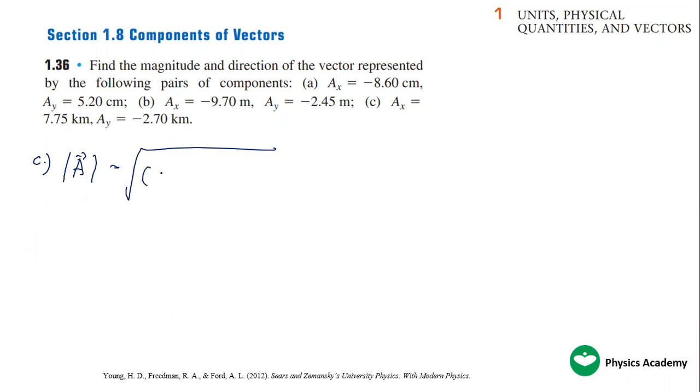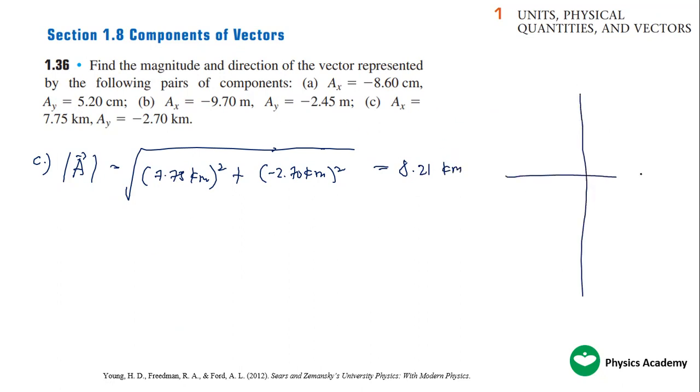So you have AX is 7.75 kilometers squared plus negative 2.7 kilometers squared. Be careful with the unit. Square root of 7.75 squared plus 2.7 squared is 8.21 kilometers. So centimeters, meters, kilometers.